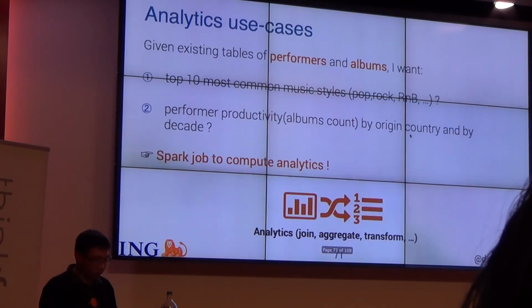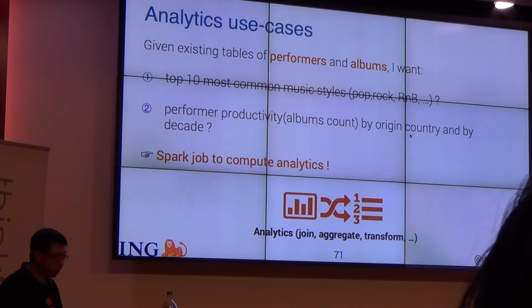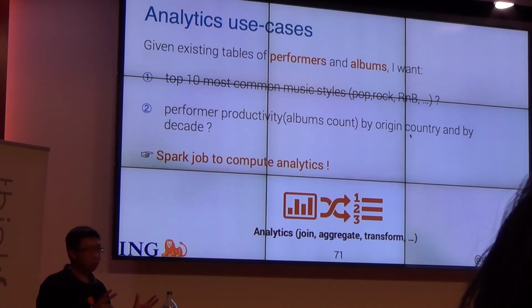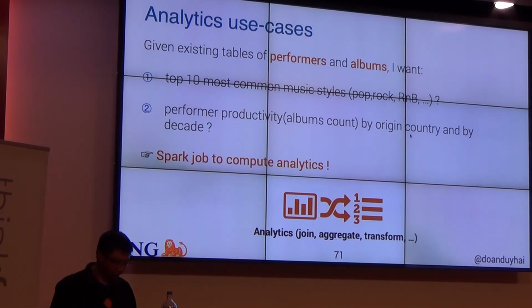Okay, data migration, analytics. Another nice use case. What if I want to know the top 10 most common music styles for artists? I want to know if rock artists are the most common or not.